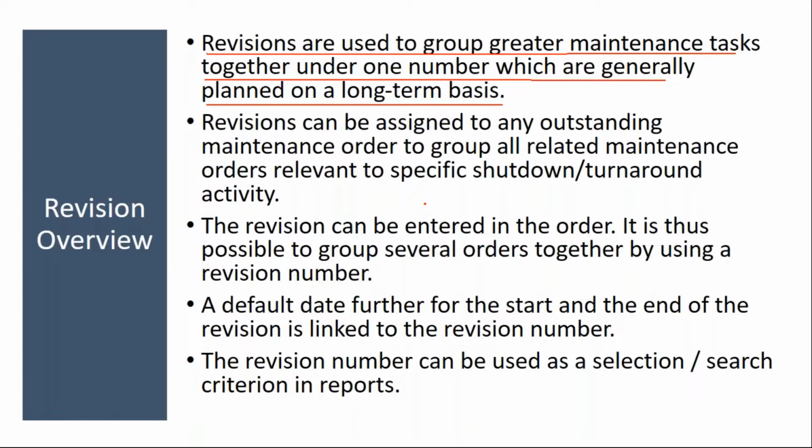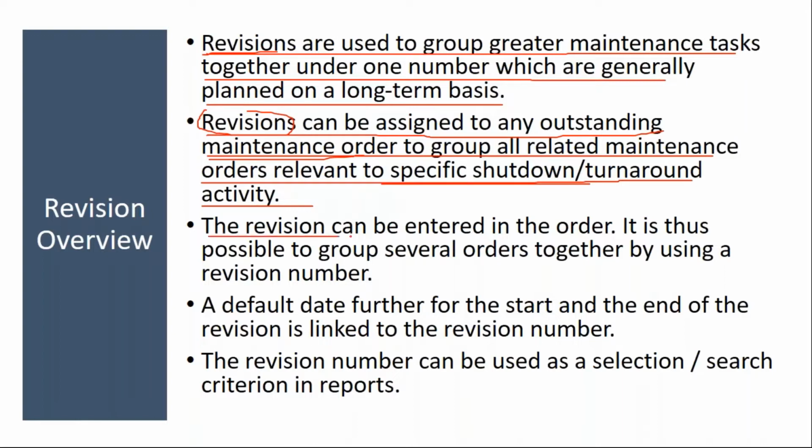So whatever orders are created for that particular period, you will group them, you will club them using this revision. Revisions can be assigned to any outstanding maintenance order to group all related maintenance orders relevant to a specific shutdown or turnaround activity. That's what I just explained. So you will assign this revision to all those orders created during that particular shutdown period.